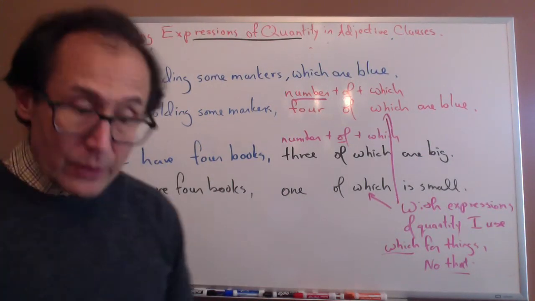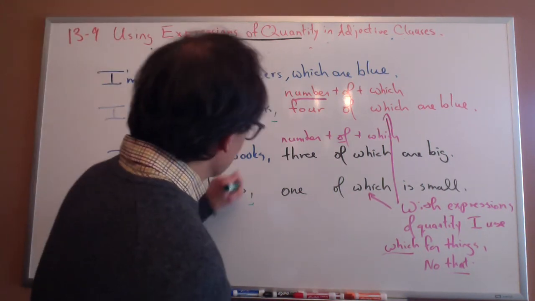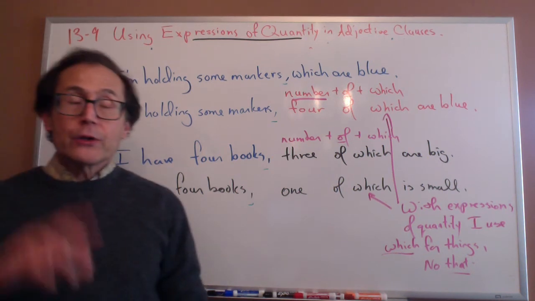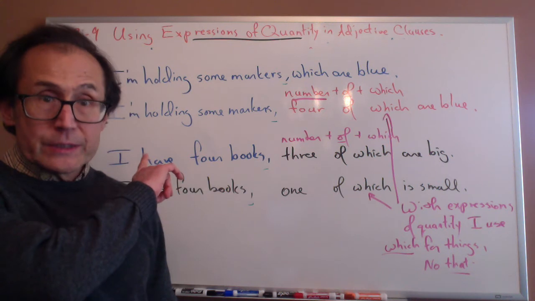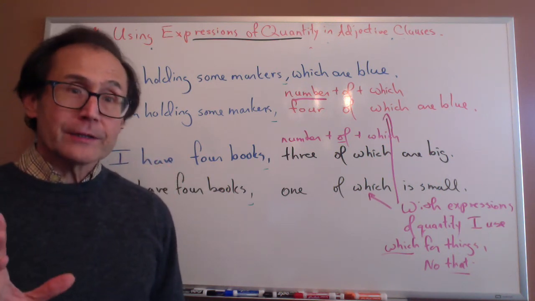The second thing that I wanted to point out to you is, you might notice that in these examples, I'm using commas. Your book says that I always use commas when I make expressions of quantity. That's not completely correct.